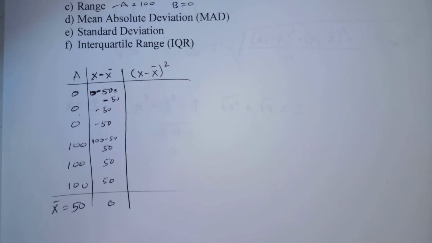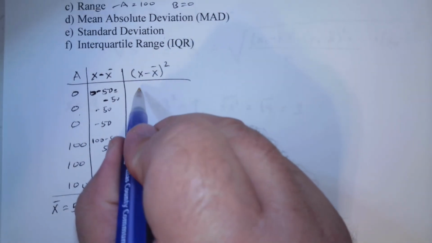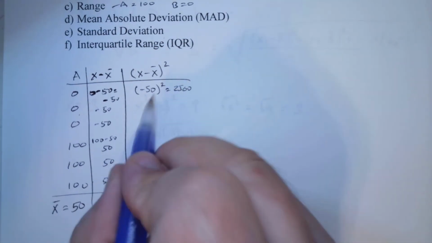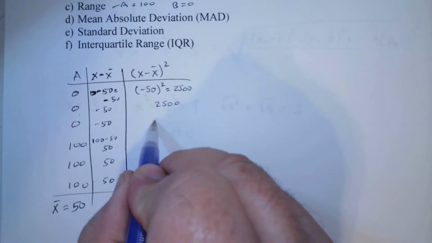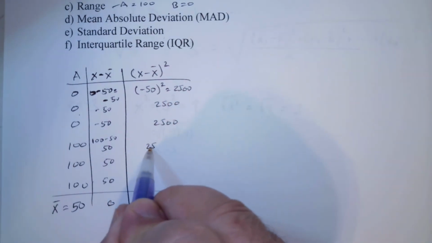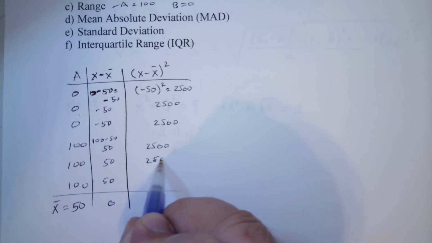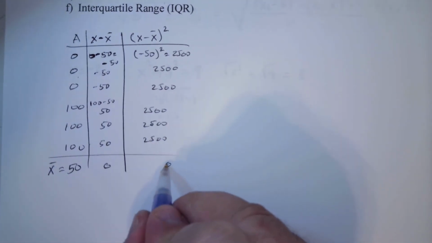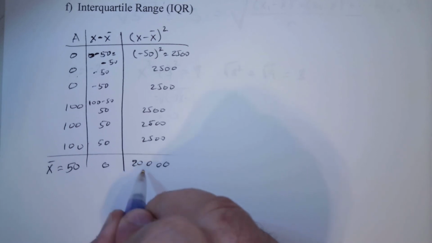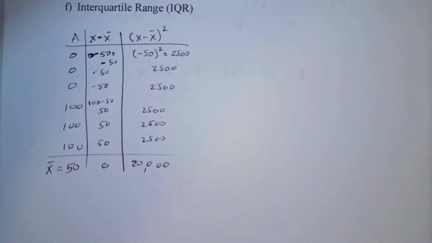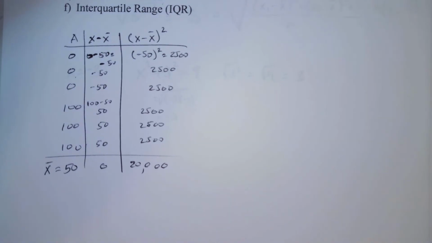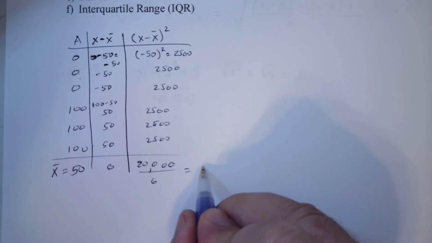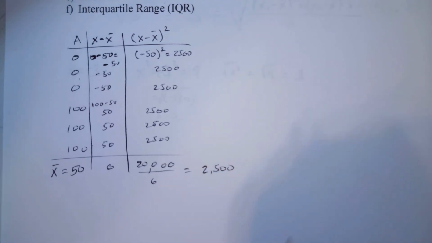Square each number. So negative 50 squared is 2500, 2500, 2500, 2500. So 2500 times 6 is 15,000, divided by 6, you get 2,500.